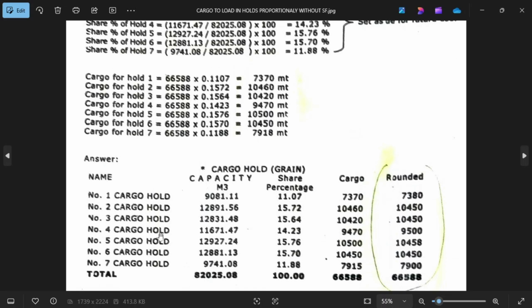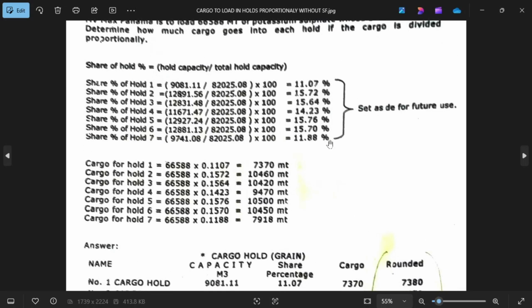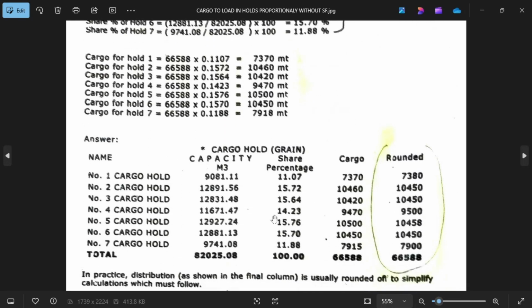So in hold number 1, this is the capacity in cubic meters of each hold, here's the share percentage, and the cargo for each hold will be this one. Then just round it up until you have the same figures.